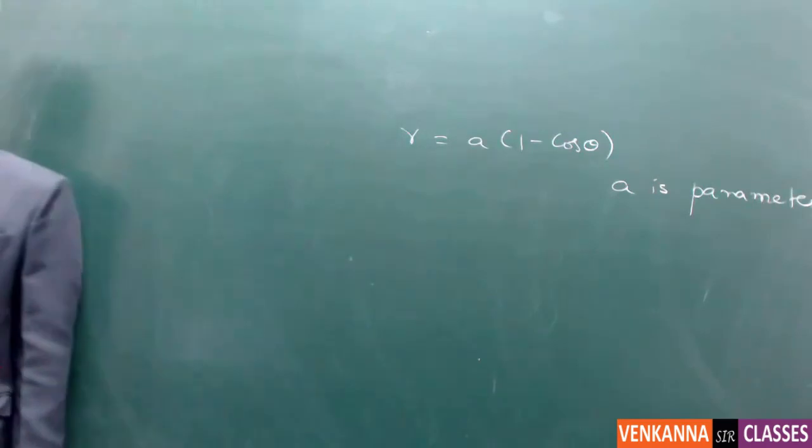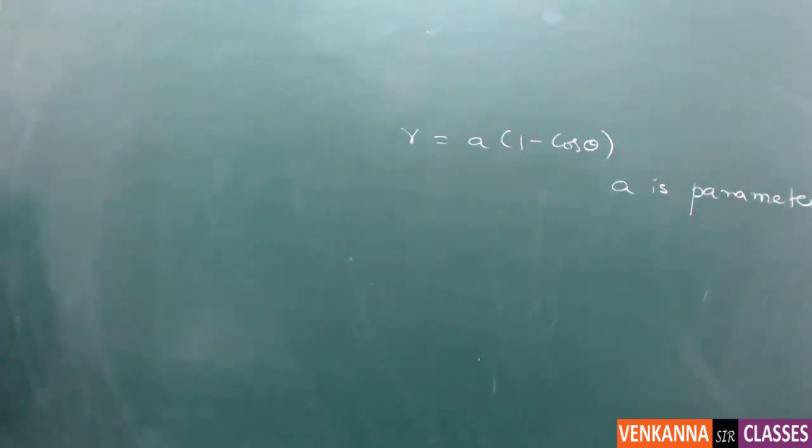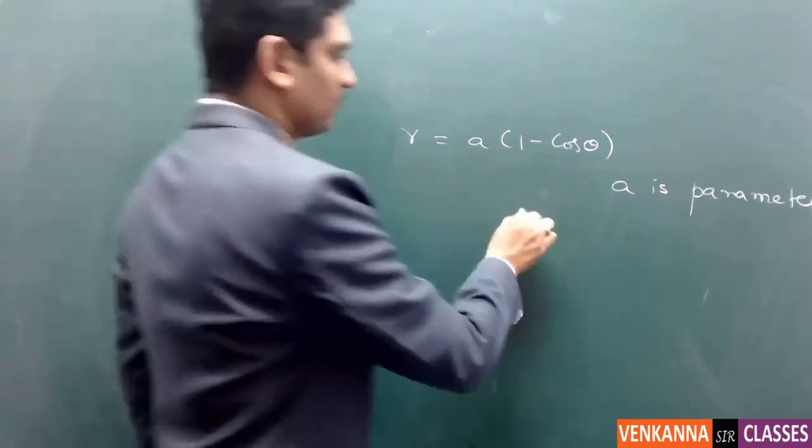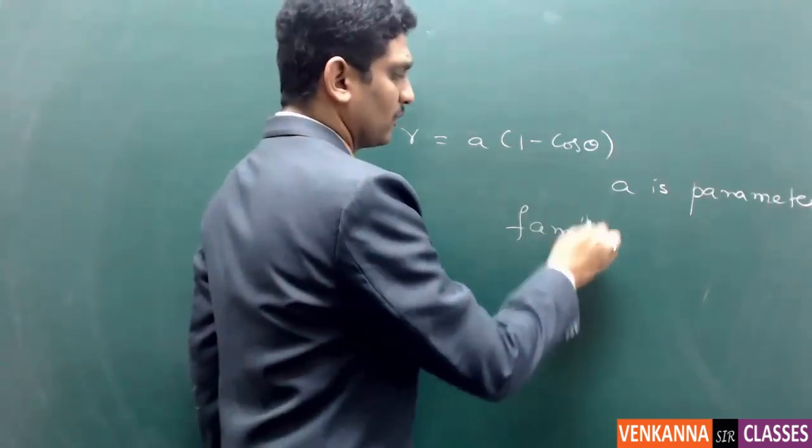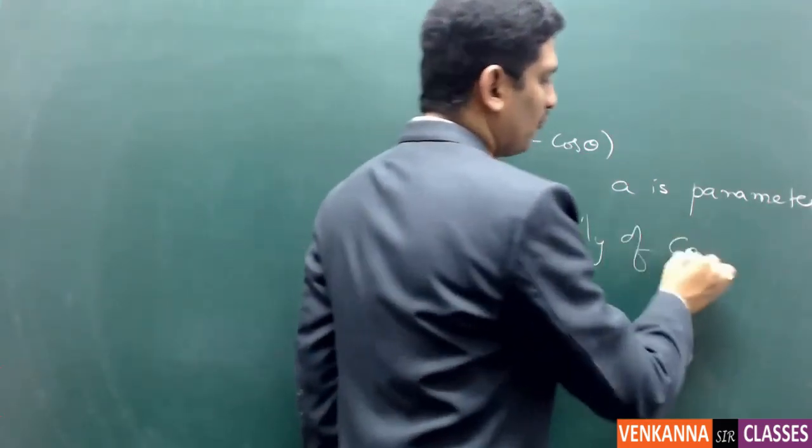So find the orthogonal trajectories for the family of curves r equal to a into 1 minus cos theta, where a is parameter. Also, apart from straight away giving the equation, he can mention that family of cardioids.